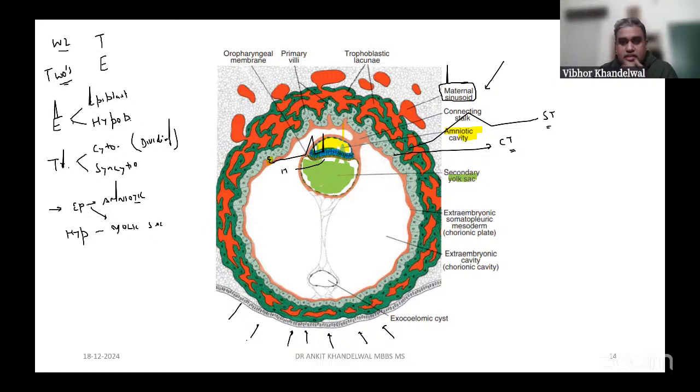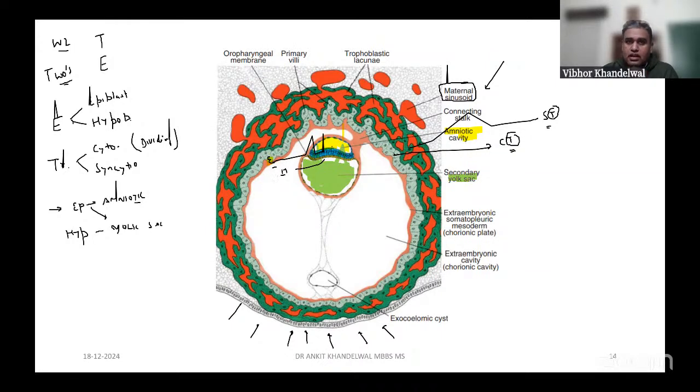And when it has entered totally, the maternal blood vessels also rupture over there, and you can see the blood between the syncytial trophoblast. So this green color is the trophoblast, cyto and syncytial. They are for the future placenta, while this inside, the epiblast and hypoblast, is the developing embryo.